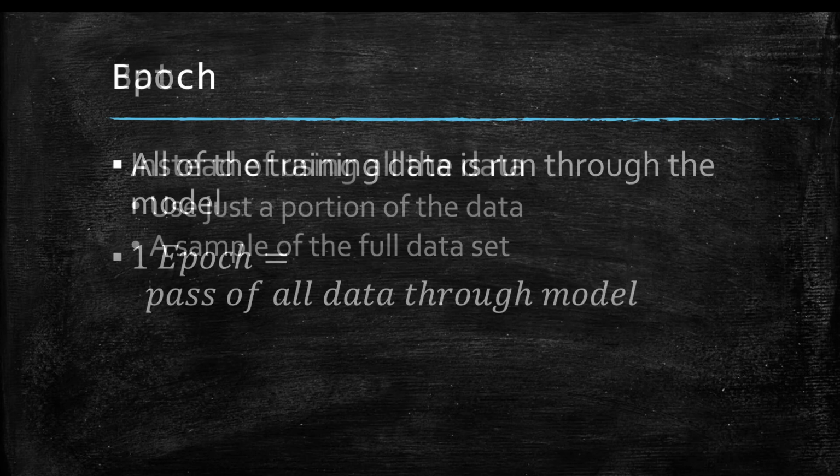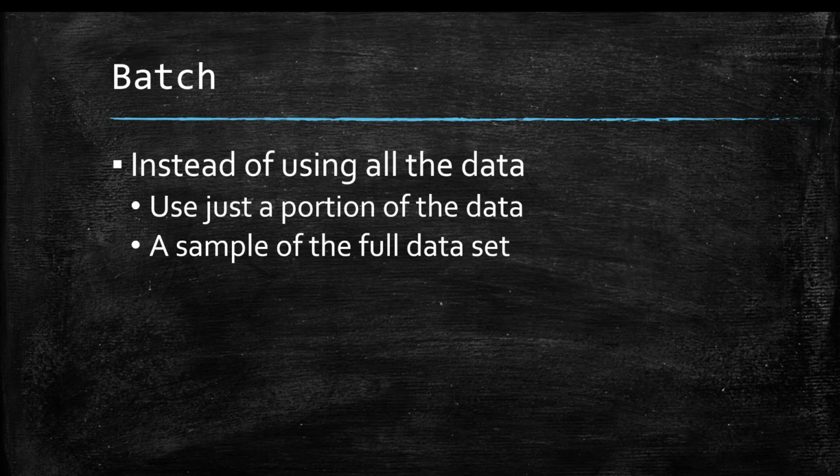Now, remember how we created a batch number? We had a batch size of about 32 or 36. I can't remember what it was. But instead of using all of the data, instead of waiting until you've done 60,000 values and tested it 60,000 times, we do it in batch sizes of 32.